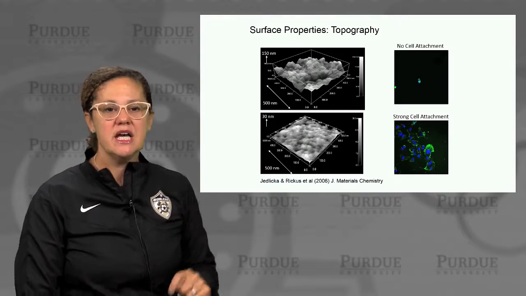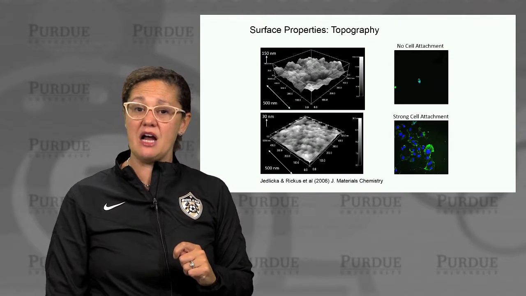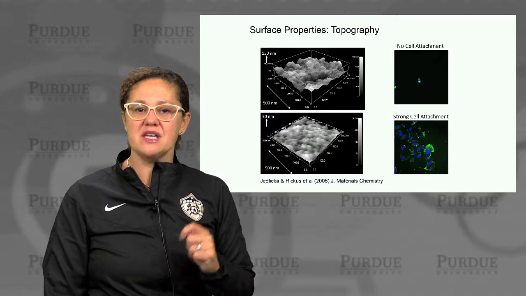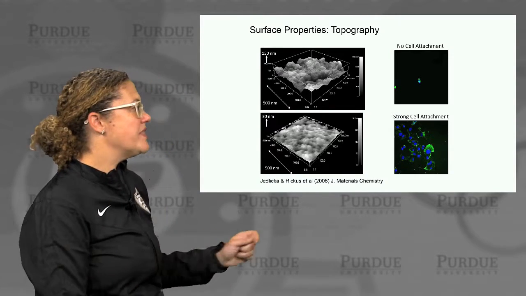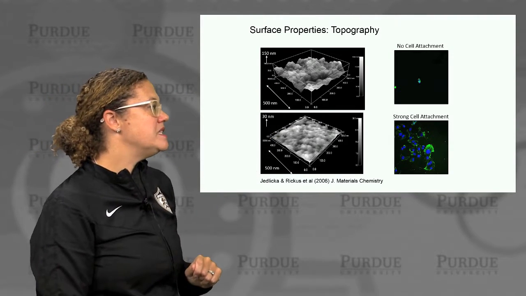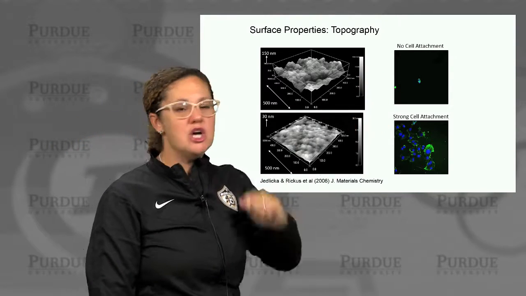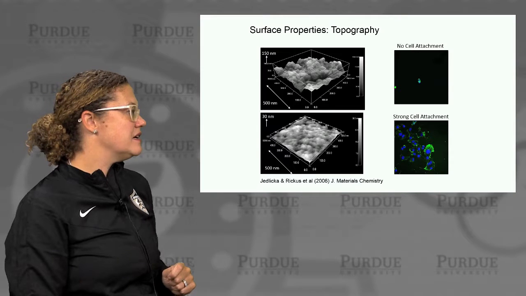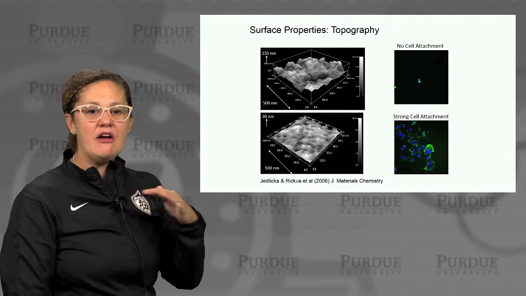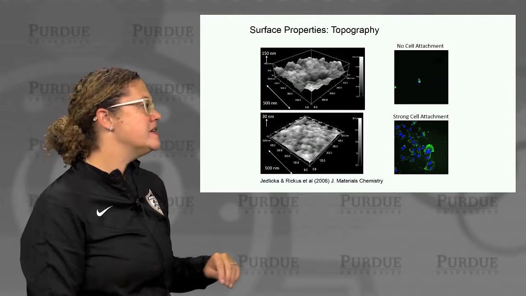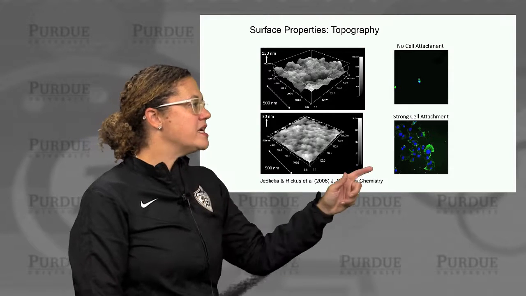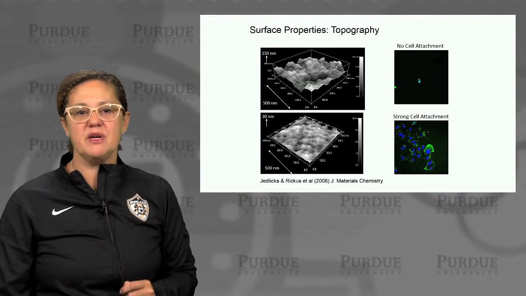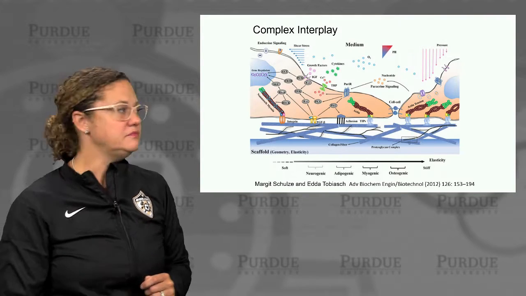And just by changing the surface topography, we can dramatically affect how neural cells attach to this surface. So on the nanoscale rough material, we see almost no neural attachment to these surfaces, while the same material of identical chemistry, now much smoother on this size scale, we can get very strong and nice neural cell attachment to these surfaces.